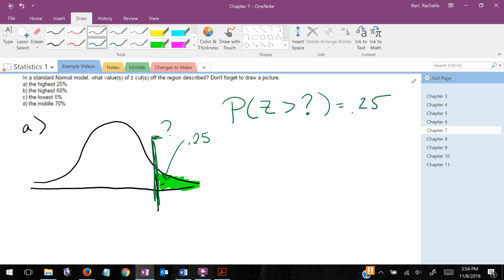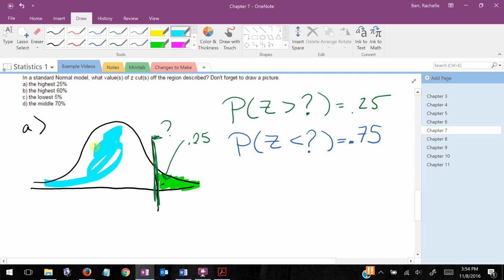I'm instead going to look at the probability that I'm smaller than that questionable value, which is 0.75, because the law of total probability tells us that all of the area under the curve must be 1, so this must be 0.75, because the tail area I was interested in is 0.25. So I've got to look up the question mark.